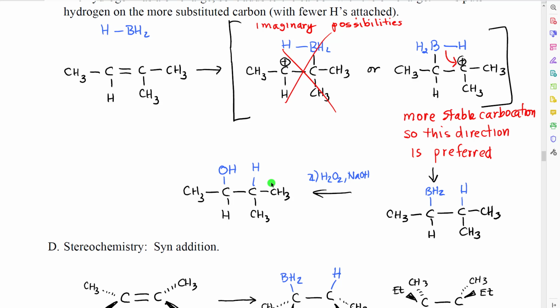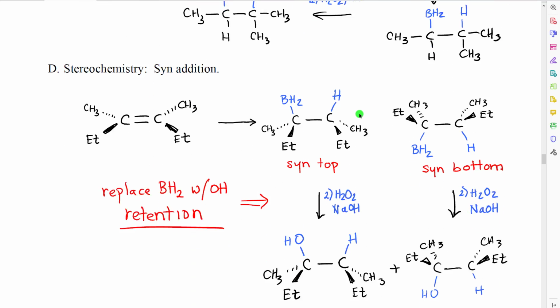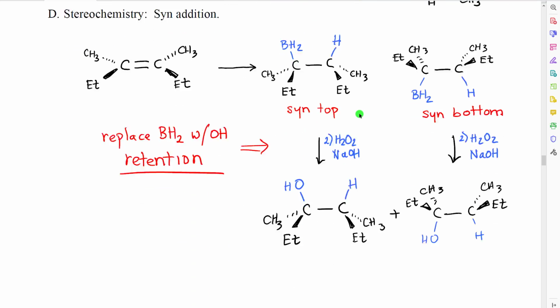The advantage of this is that now, with a given carbon-carbon double bond, we can selectively make either possible regioisomeric product. Sometimes we might need one, and sometimes we could make the other. This reaction has stereoselectivity.